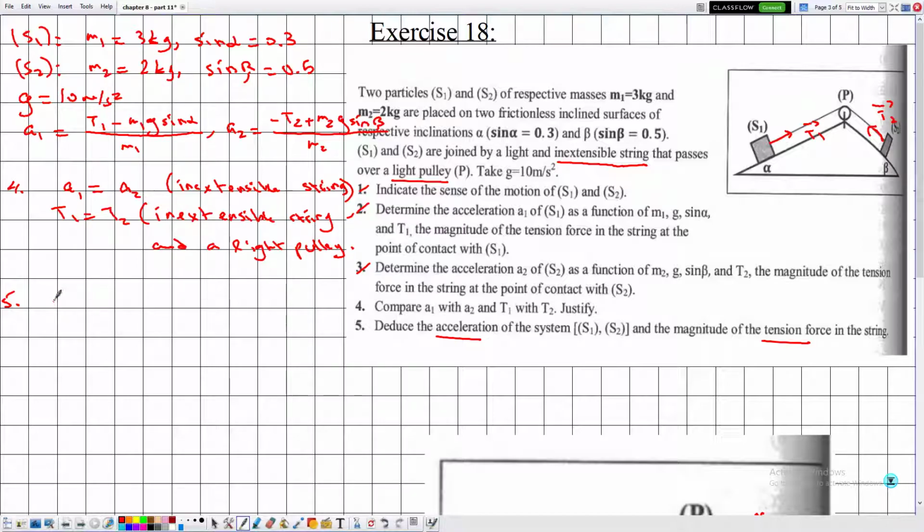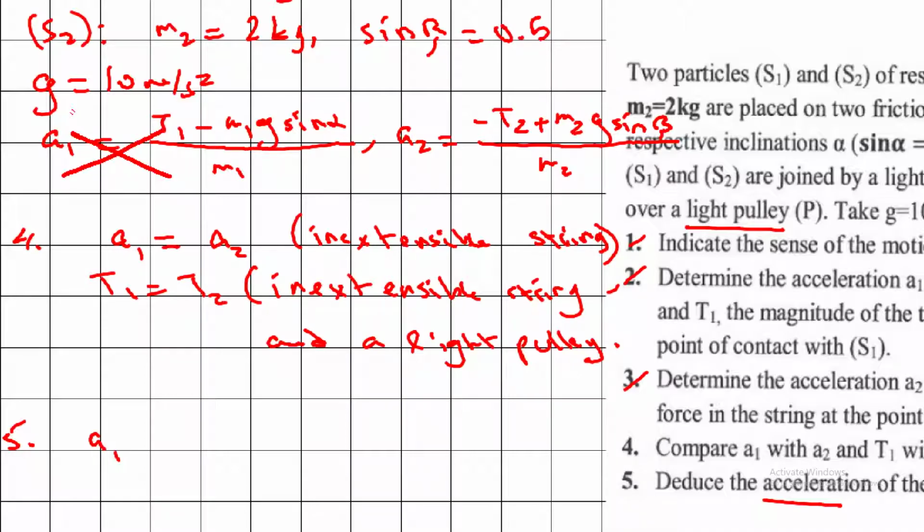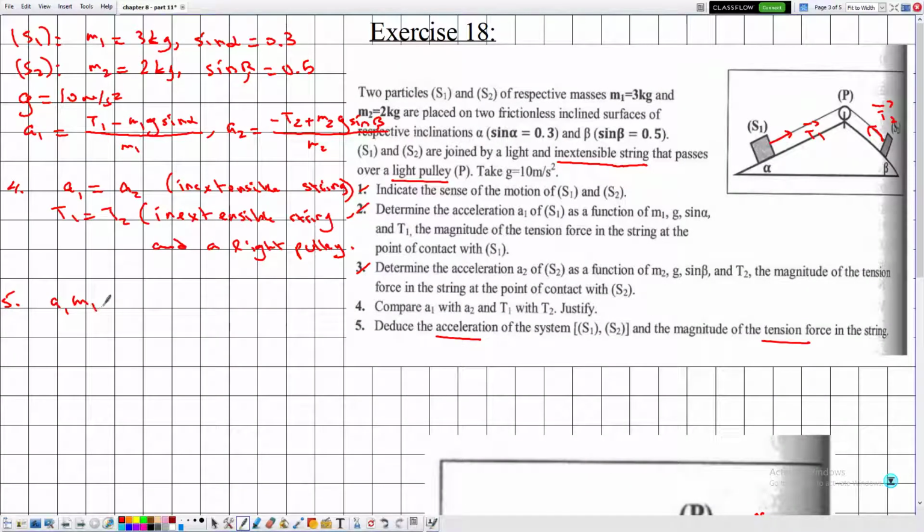Now if we cross multiply, we find that A1 M1 is equal to T1 minus M1 G sine alpha, which means that A1 M1 plus M1 G sine alpha is equal to T1.